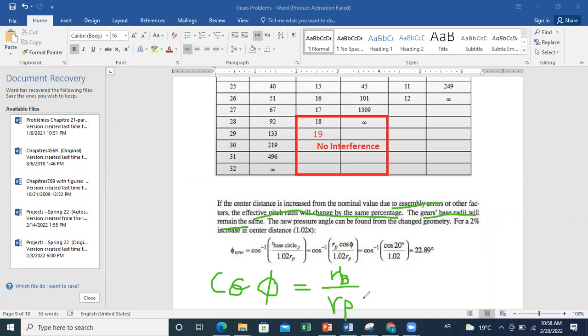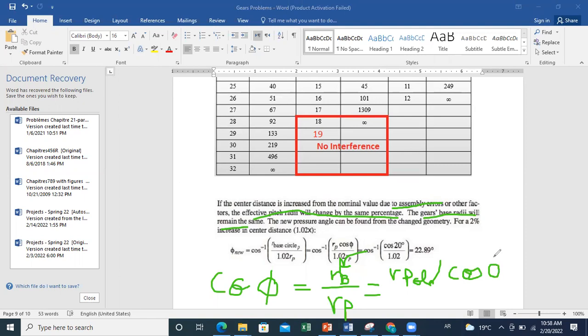RB will still be the same value as before. Before, we calculated RB, which is equal to RP old cosine phi old.